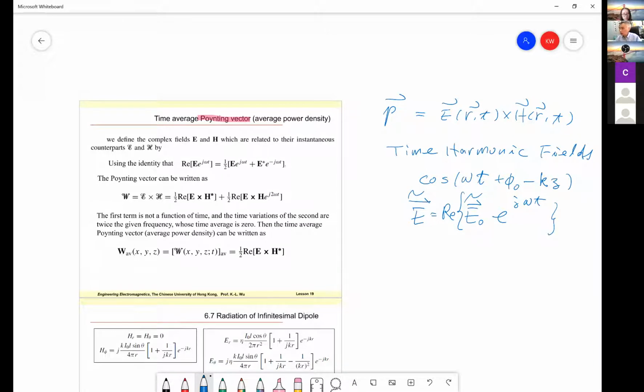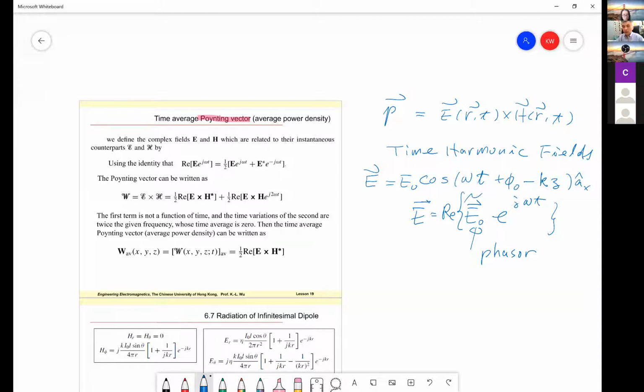This we call a phasor, with a certain magnitude and also a polarization direction, let's say in the x direction.